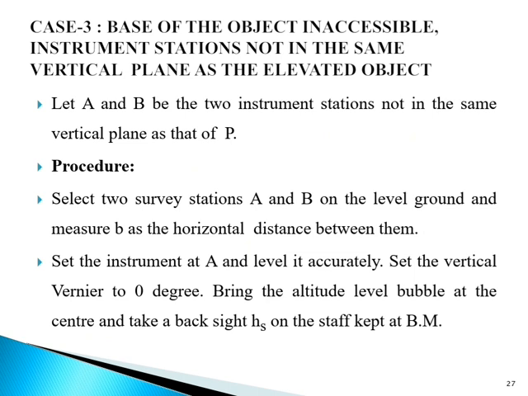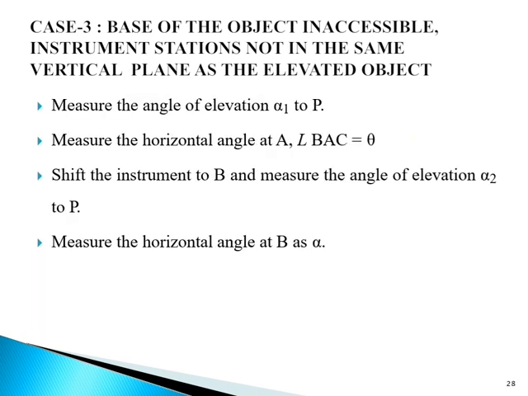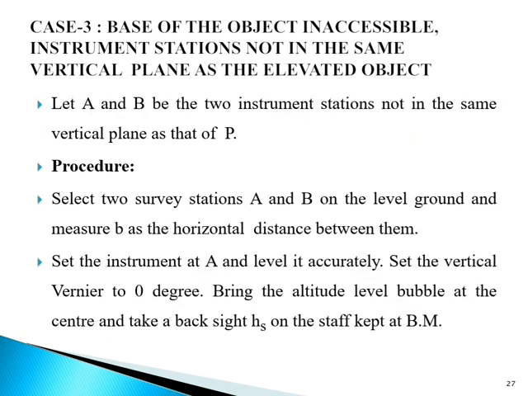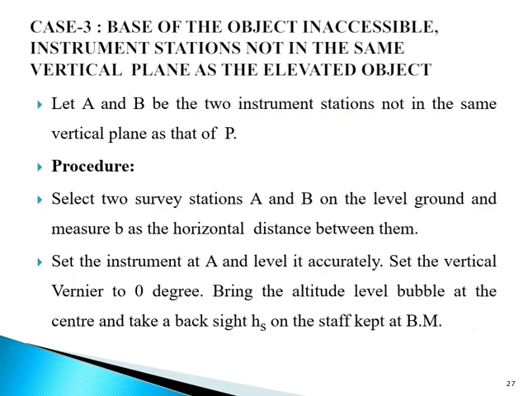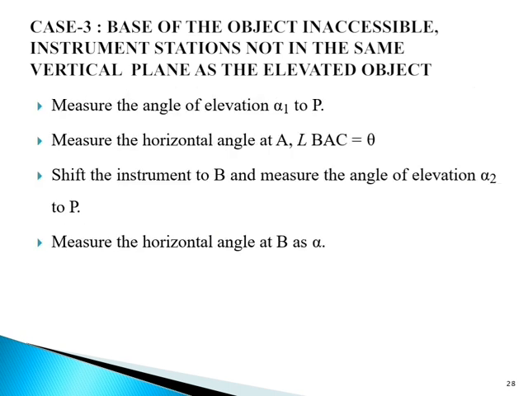Bring the altitude level bubble to the center and take a backsight, say HS, on the staff kept on the benchmark. Next, measure the angle of elevation, say alpha 1, to P, and measure the horizontal angle at A, say angle BAC equal to theta.